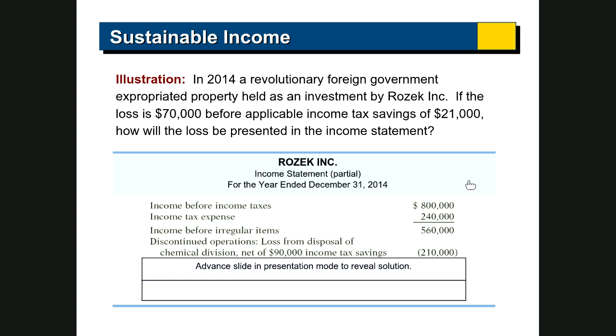All right. So this brings us to comprehensive income. Comprehensive income is all changes to the stockholders' equity except two things. That is, investments made by the stockholders and distribution to the stockholders. In other words, debit to cash and credit to common stock, and debit to dividends and credit to cash.